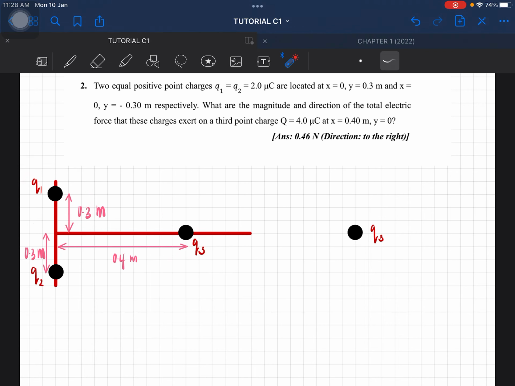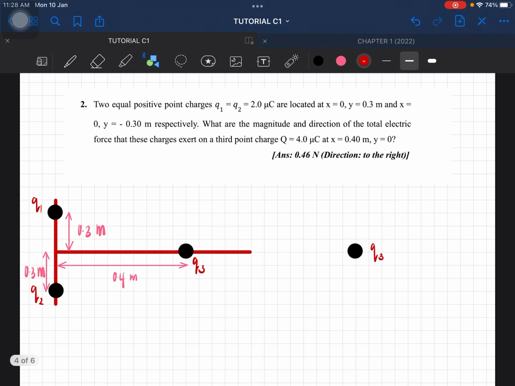Okay, so for charge 1 it is a positive value, so this is a positive charge, and then this one is also a positive charge, and then this one is also a positive charge.